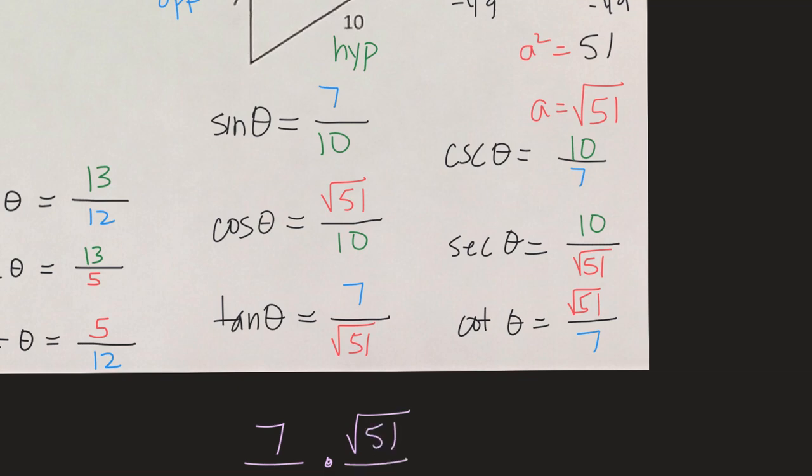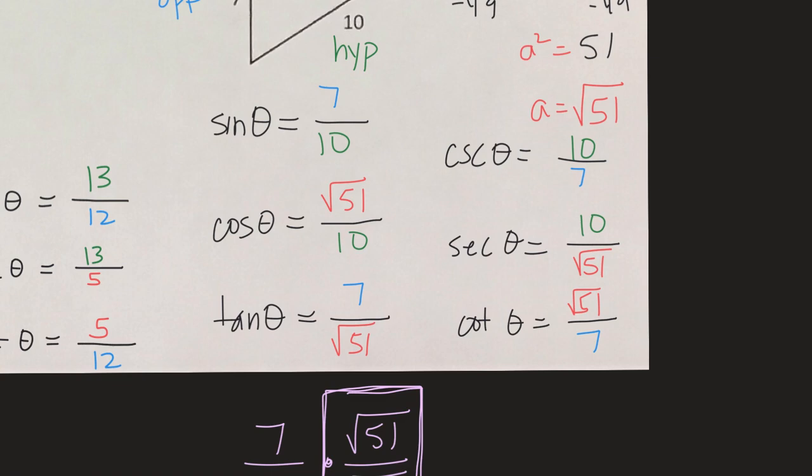So if we were going to simplify the tangent, we would multiply the top and the bottom by root 51 over root 51. And of course, this is our fancy 1, right? Anything divided by itself is just 1, and we can multiply by 1. That's the multiplicative identity. Multiplying by 1 doesn't change anything.